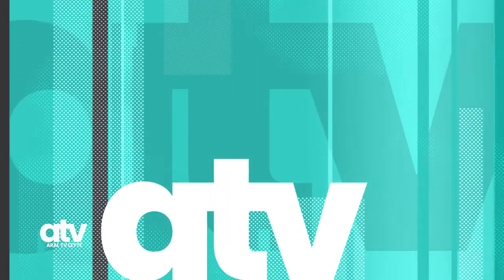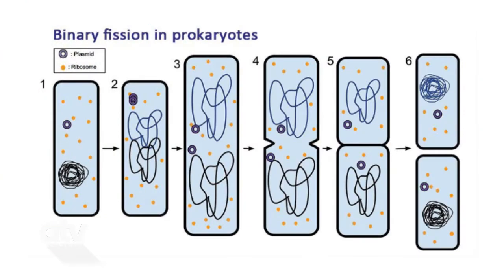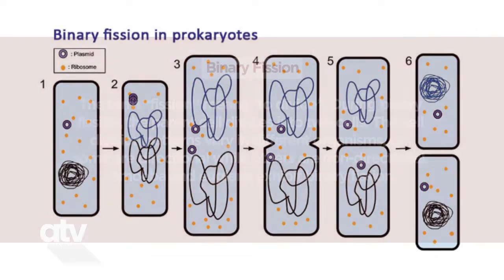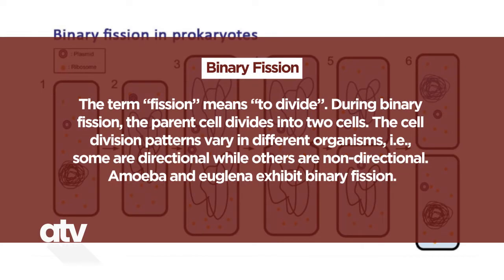What are the types of asexual reproduction? First is binary fission. The term fission means to divide. During binary fission, the parent cell divides into two cells. The cell division patterns vary in different organisms. Some are directional, while others are non-directional.